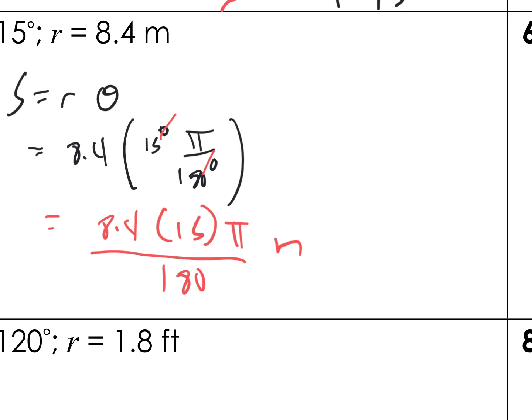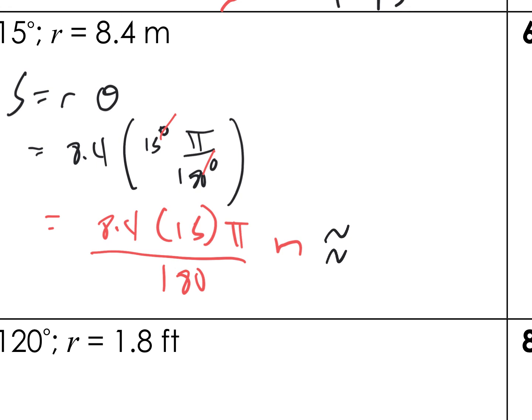But I had people in the last class who had trouble typing that in. Can we just put 15 pi instead of 15 times pi? Yeah, it's the same thing.